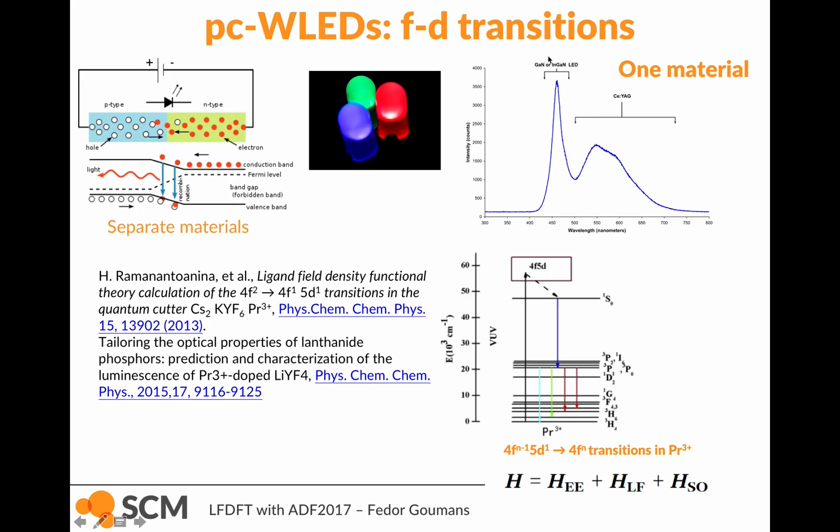And so, for instance, you have a host material such as gallium nitride, which you dope with a lanthanide, and that lanthanide can absorb some of the blue photons emitted, cut them in a process known as quantum cutting, and then emit lower frequency photons that then give rise to the red and the green color. And so you can get a very nice single white spectrum out of one material.